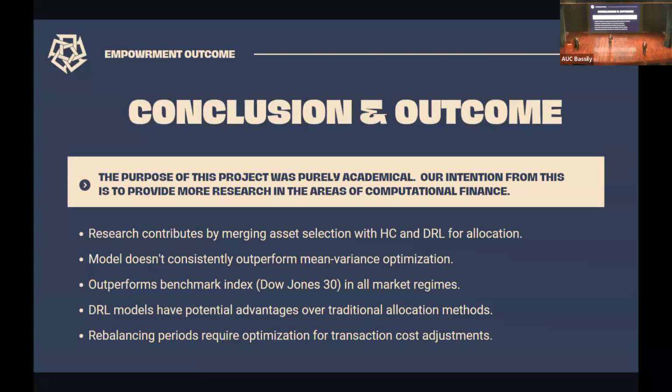The rebalancing periods usually also need optimization, which is further reason as to why the research is valuable. And hopefully, as a result of all of our research, we plan on publishing a research paper in the Journal of Financial Management. Thank you.